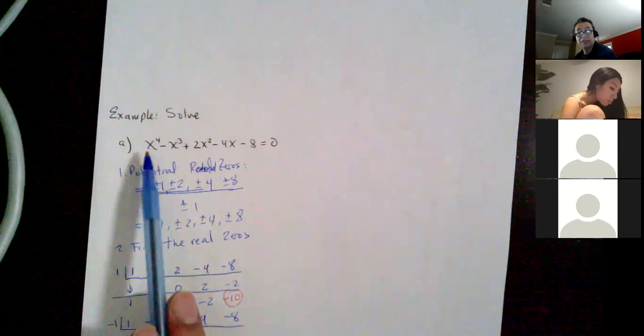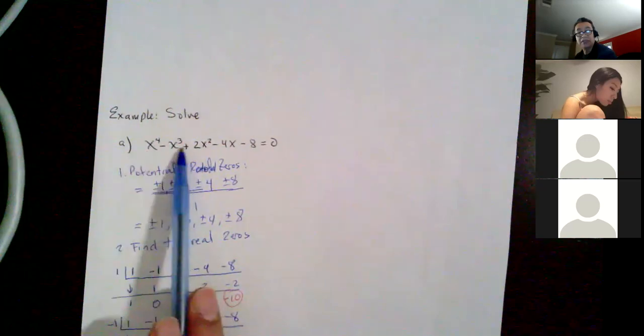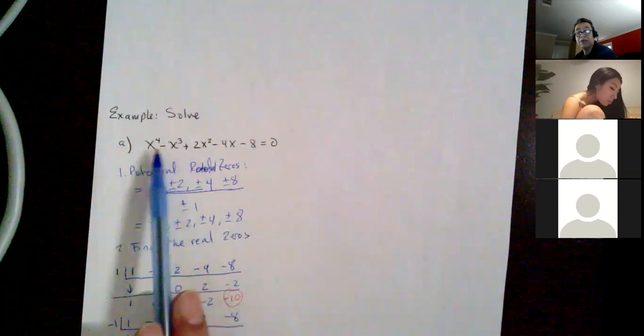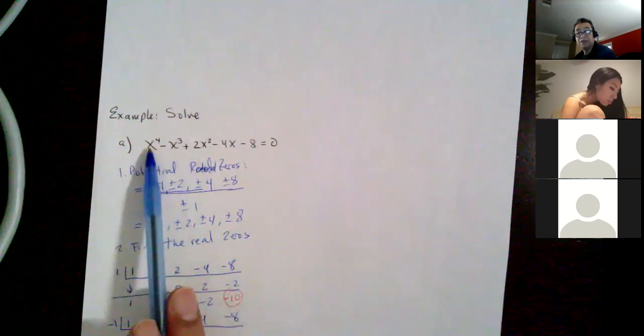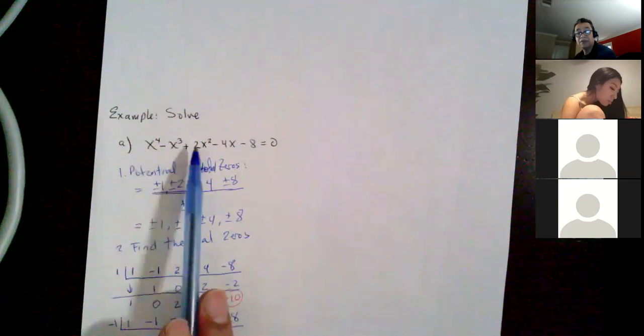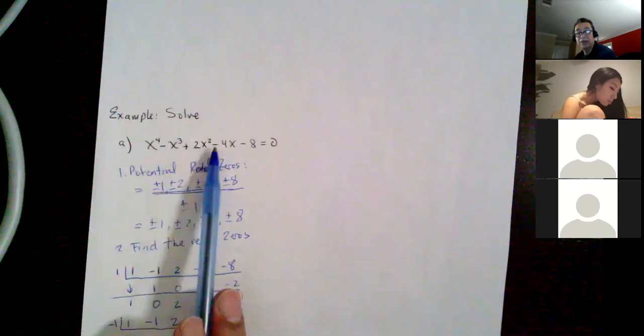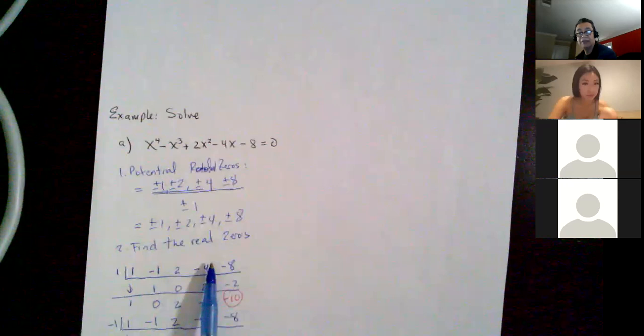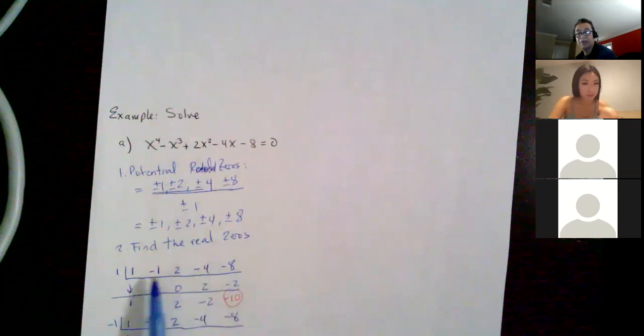Here is +1, and this is -1. Oh, so now we have to do both of them. Yeah, you have to write all the coefficients of this polynomial: 1, -1, 2, -4, -8. Those are the numbers that go right here. Make sense, Sherry? Okay, yeah. All righty. Pretty good.